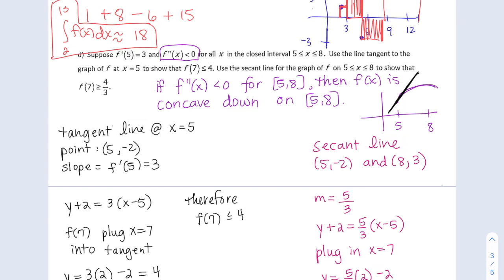So we got now from our secant line that our secant line must be giving us an f of 7 value of 4/3. Now the secant line, because of concavity, is always an underestimation of a concave down function. And so f of 7 must be at its smallest 4/3 or larger.